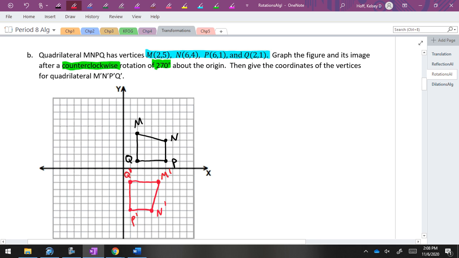I always like to trace that and make sure that I have the same little trapezoid looking shape that I started with. Take a minute to write down those coordinates for me. Give me the coordinates of M prime, N prime, P prime, and Q prime.